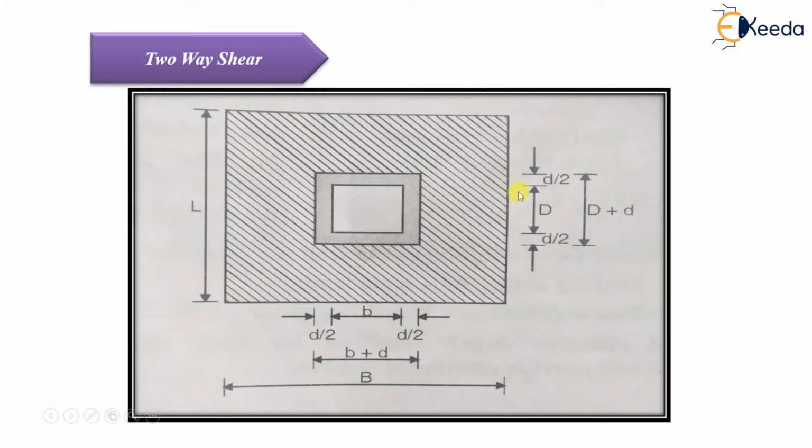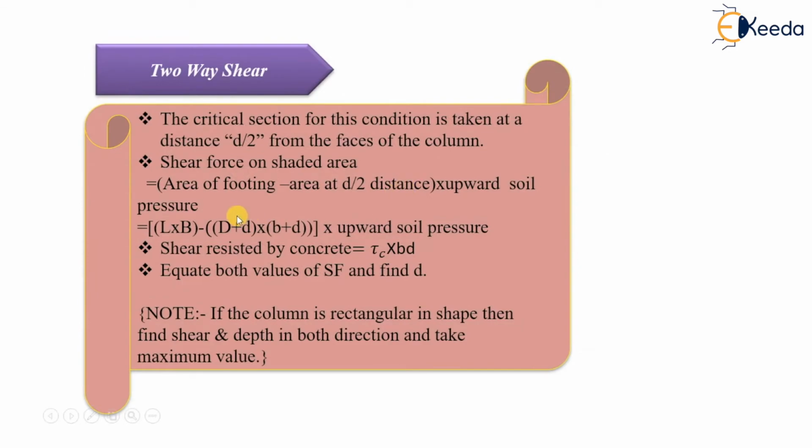In the vertical direction it is capital D plus d by 2 plus d by 2, so it is equal to capital D plus small d. So we multiply capital D plus small d by b plus small d, and we will get the area at d by 2 distance. From that we can find out the shear force of the shaded area.